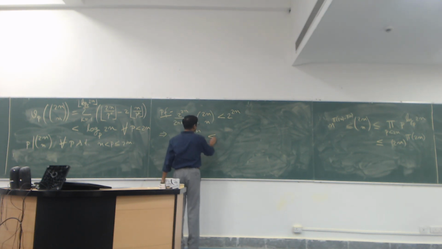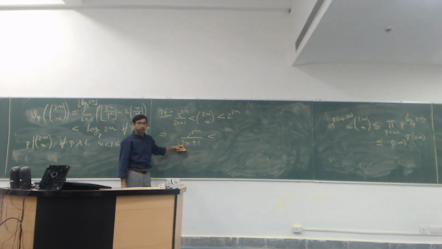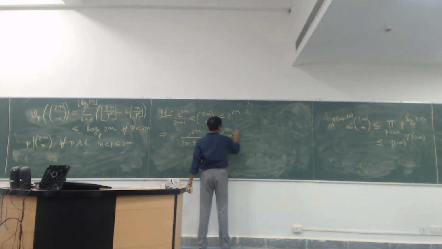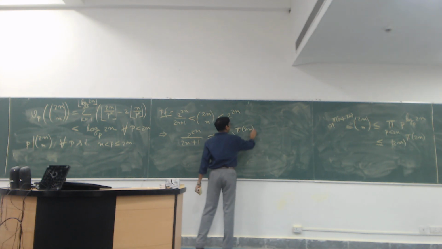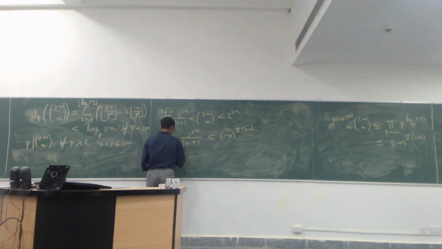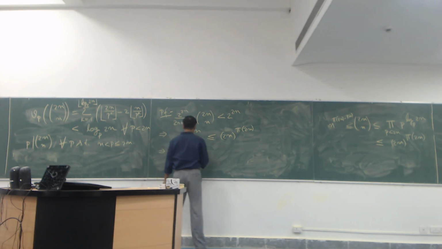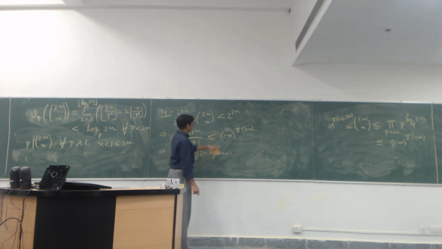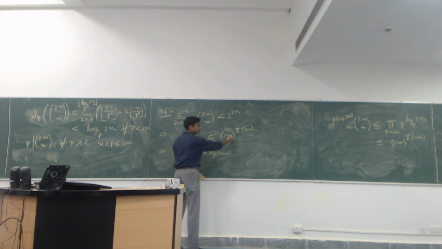So the left hand side is this one here, and this would be less than or equal to 2n to the power pi of 2n. Right? Take logs. So this is 2n log 2 minus log 2n plus 1 is at most pi 2n times log 2n.